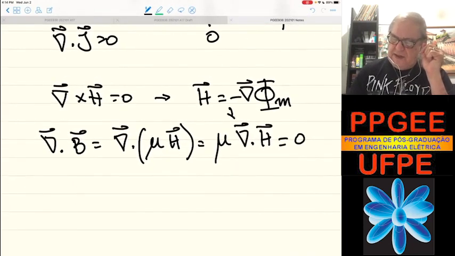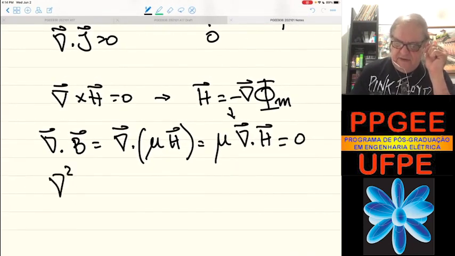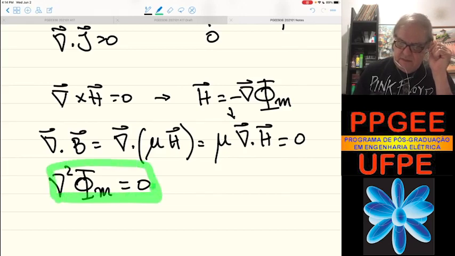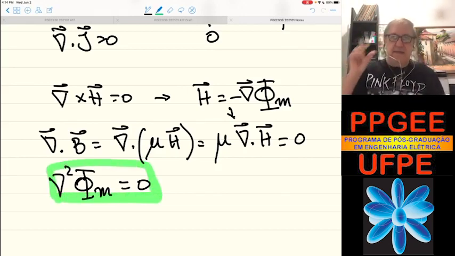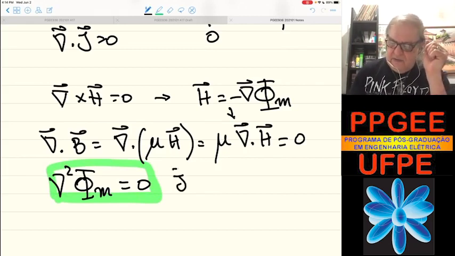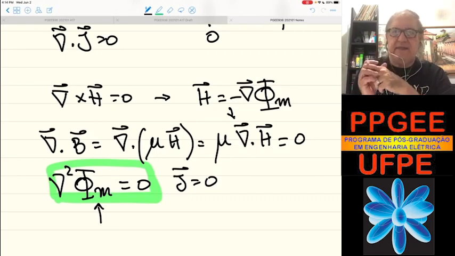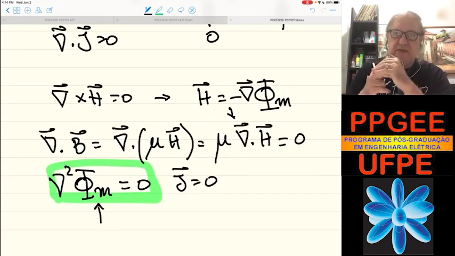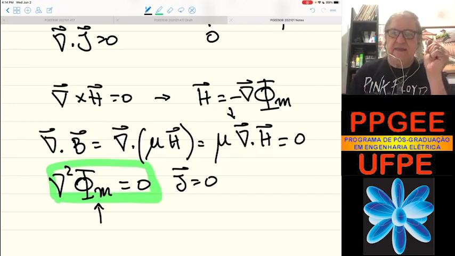So if you plug H here, you have the Laplacian of phi m equals 0. So in linear media with J equals 0, the scalar potential satisfies Laplace's equation, and we have all the methods we derived in previous occasions to solve that.